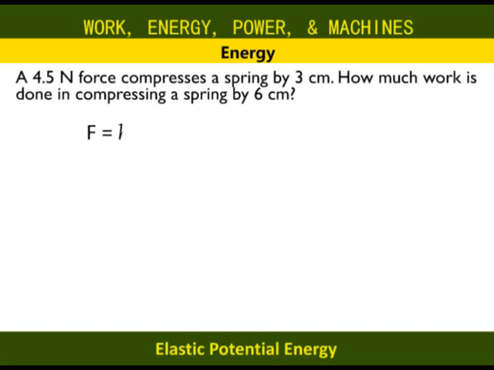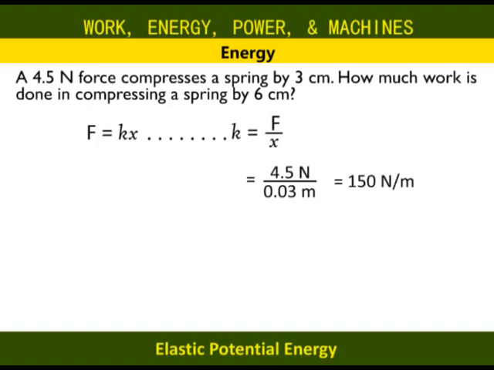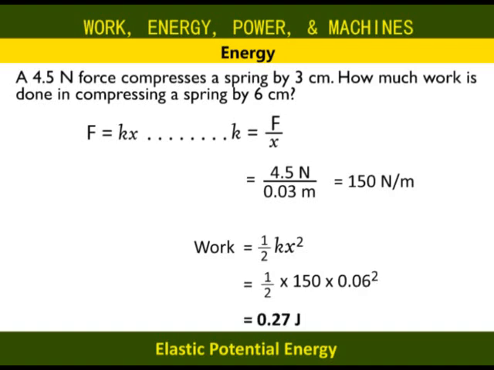Force is equal to kx, meaning that k is equal to force over x. 4.5 newtons over 0.03 meters, that is 3 centimeters, gives us 150 newtons per meter. Now we can find the work done for 6 centimeters. Work is equal to a half kx squared. A half times 150 times 0.06 squared. That gives us 0.27 joules.